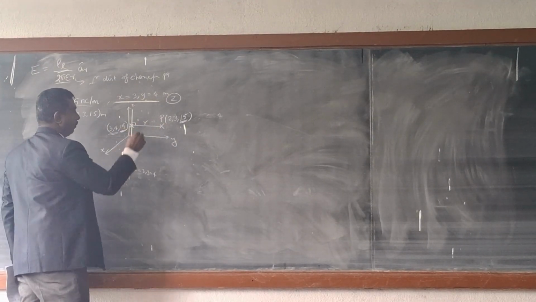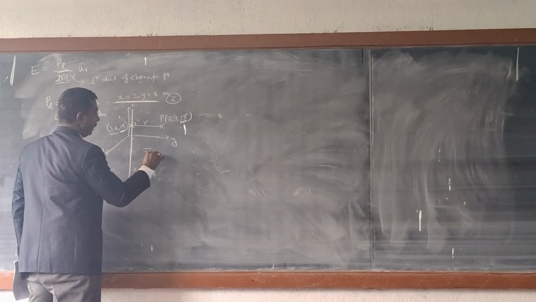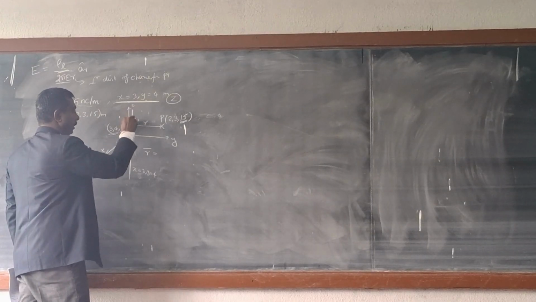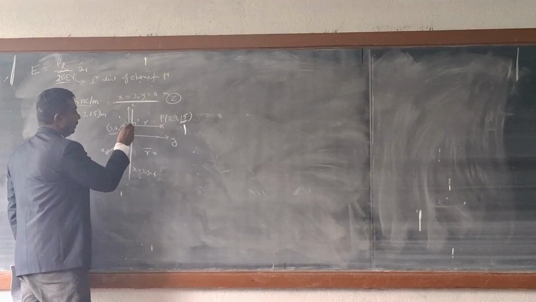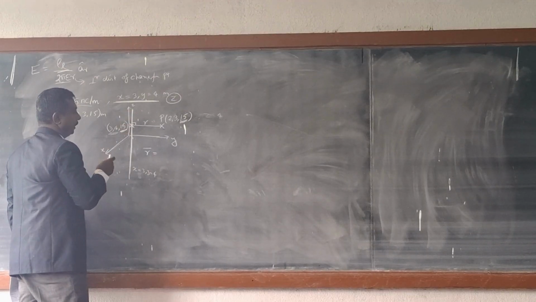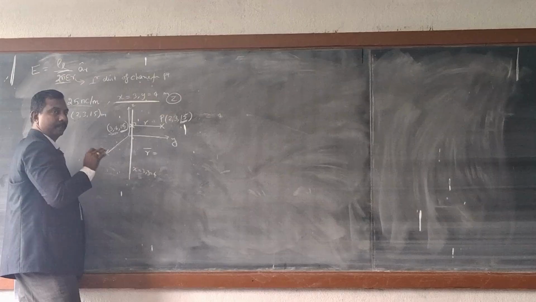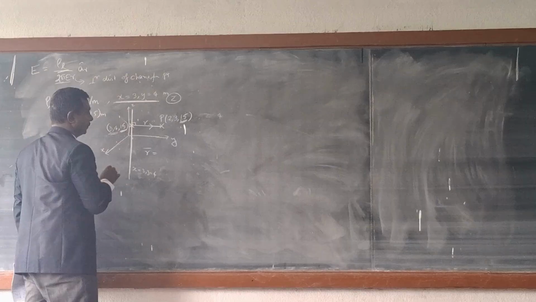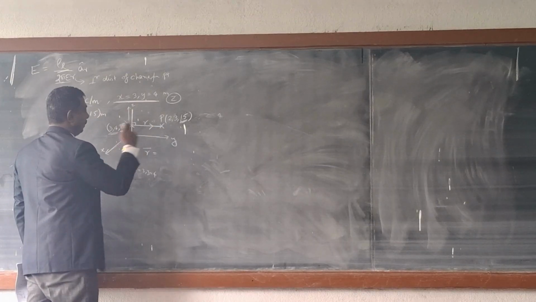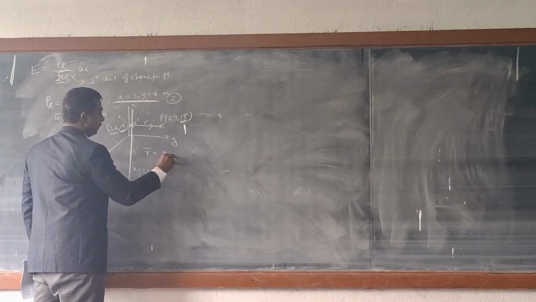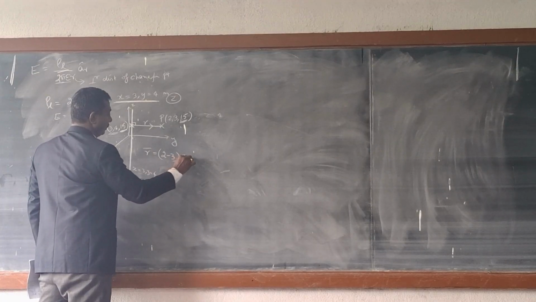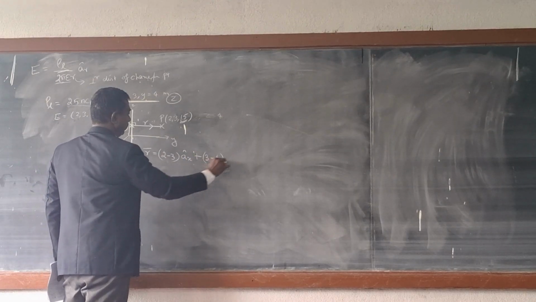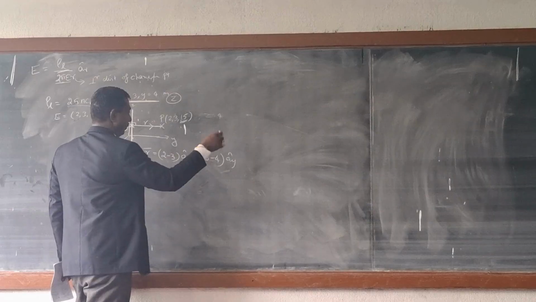Now we find R. What is R vector? Ending point minus starting point. Another thing we have to conclude is direction. We have already seen the direction is always from charge to point. So ending point minus starting point: 2 minus 3 ax, 3 minus 4 ay, 15 minus 15 is 0.